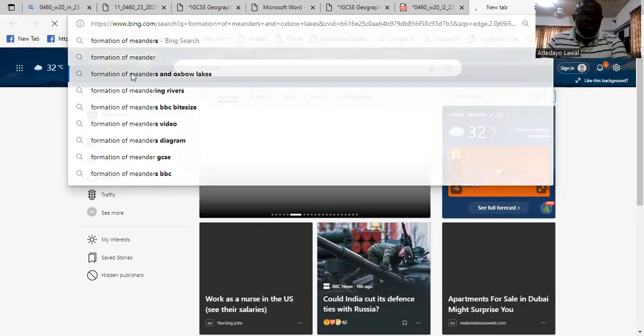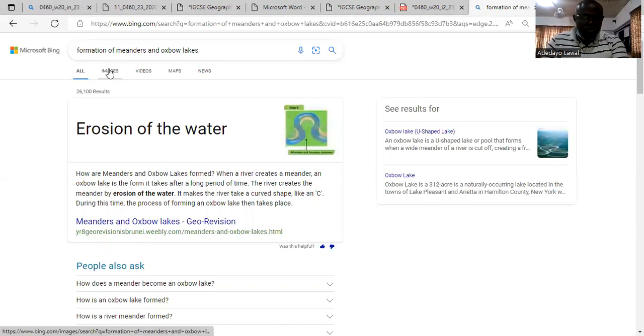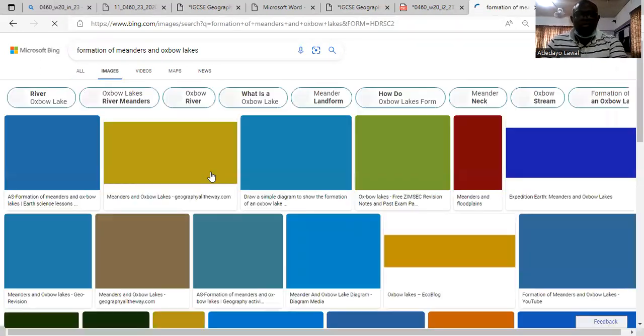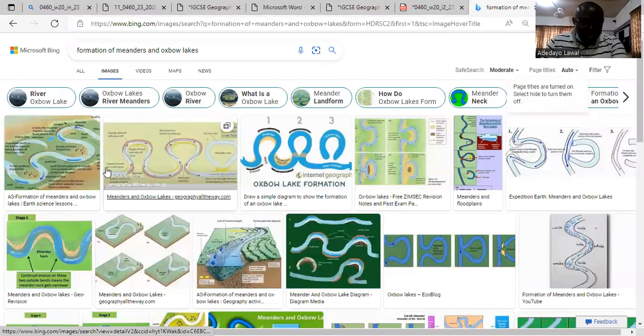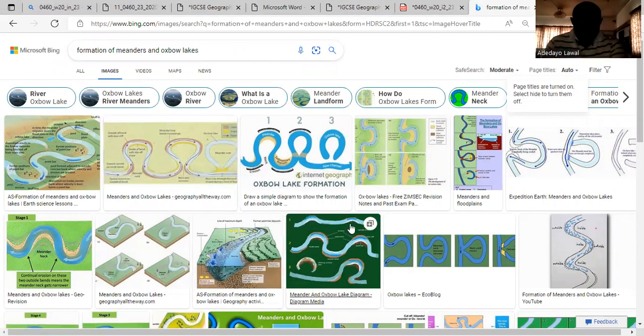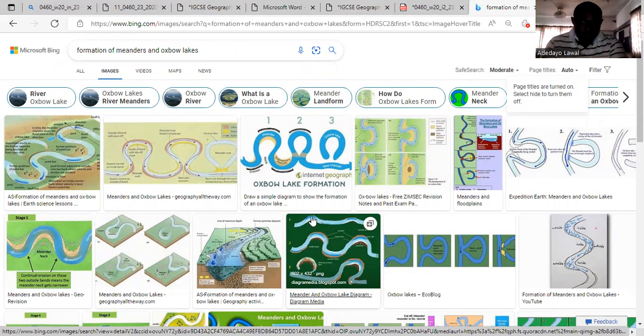I just want to bring up an image to aid my explanation. So basically, the river is flowing, but because of the sluggishness of the river at this point, it can't flow straight. So when it encounters a hard ground, it shifts, it bends. So it flows and bends like that.